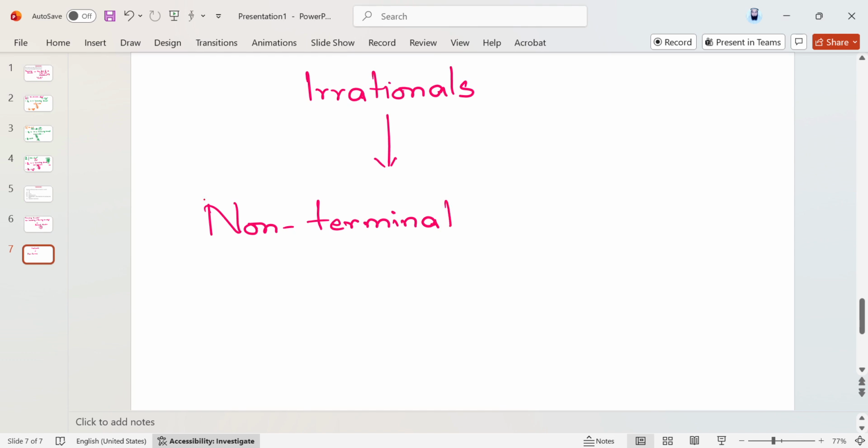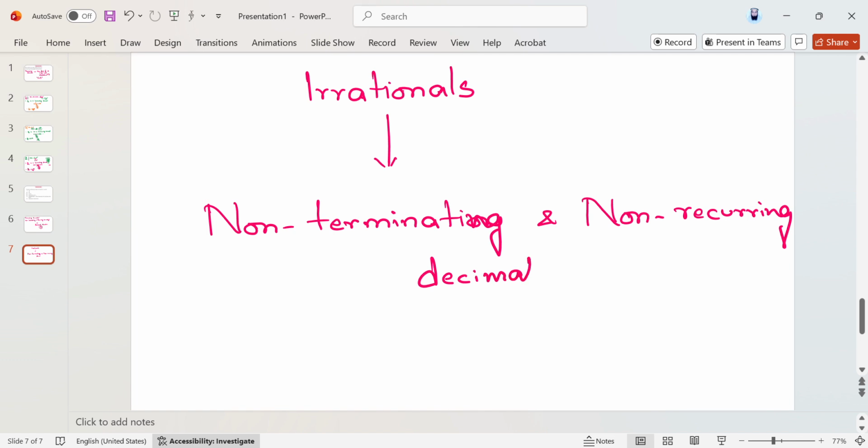That means there is no end to the decimals, non-terminating and non-recurring, so no sequence of decimals repeats. For example, the value of pi never ends, and there is also no repetition of any chunk of decimals.